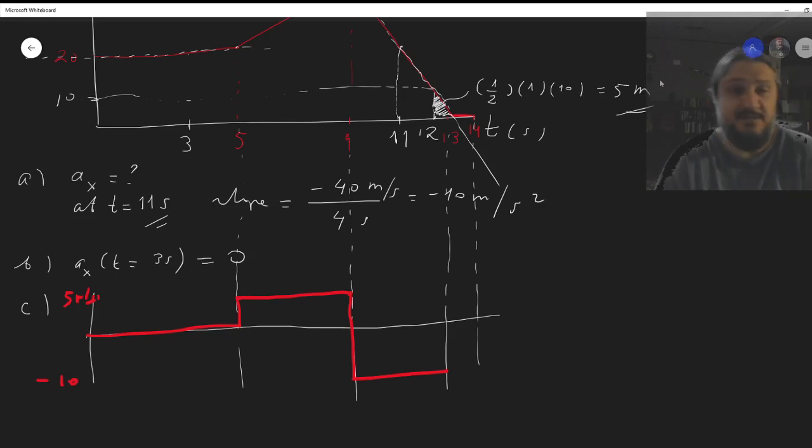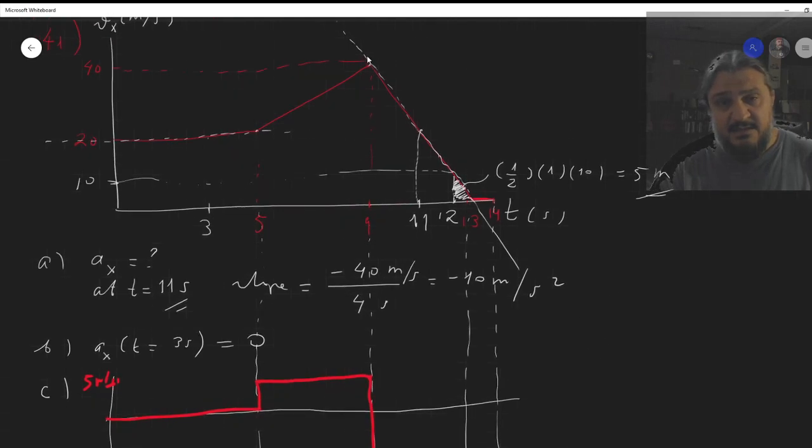So 5 meters in the positive direction or negative direction? How do we know? The direction of the displacement always is found from the sign of the velocity, okay? So please don't make this mistake, okay? Just because the slope is negative there, don't think it's going backwards or anything.